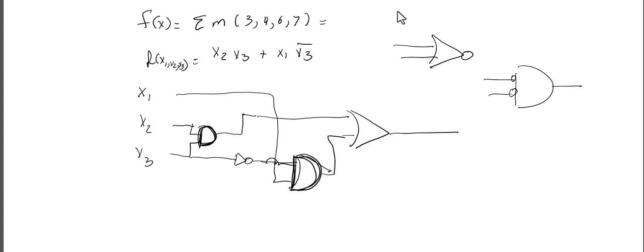And that's from De Morgan's theorem. So the NOT of an OR is the AND of the NOTs.